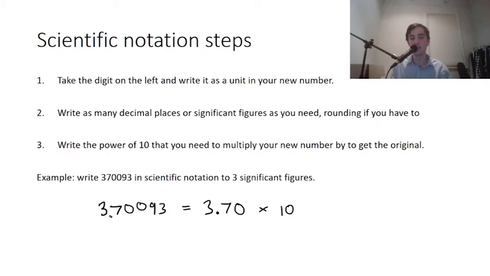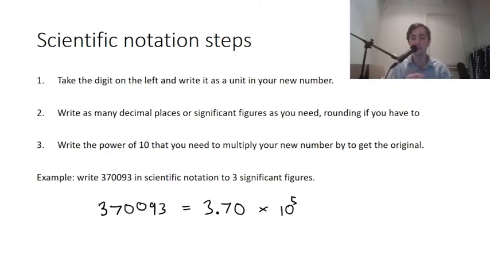So if I had a decimal point here, how many times would I need to multiply by 10 to get it over here where it needs to be, to the right of the unit? That's 1, 2, 3, 4, 5 times. So if I multiply by 10 5 times, that's 10 to the power of 5. So we're done. That's it. It's 3.70 times 10 to the power of 5.